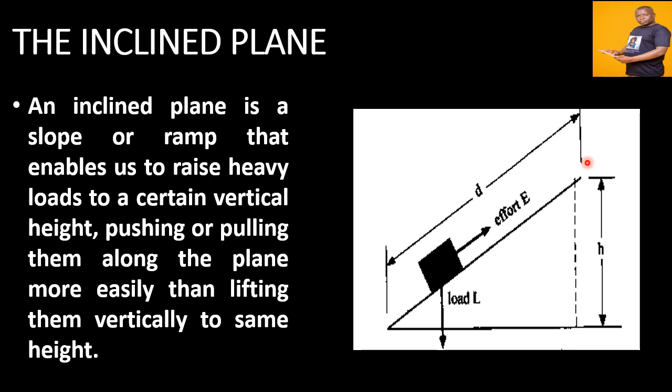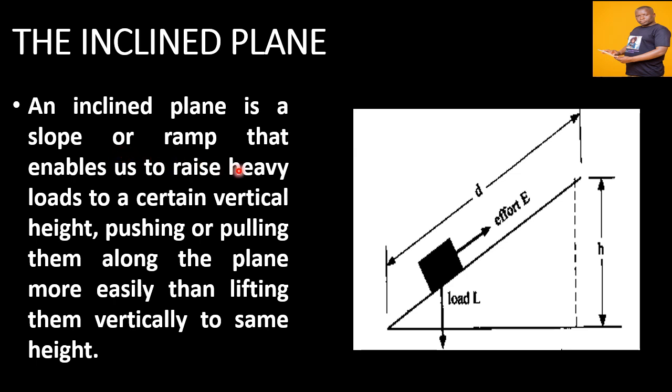So that's how we define an inclined plane. What is an inclined plane? It is a slope. A slope means that it is slanting. It's a slanting plane, which is also called a ramp.